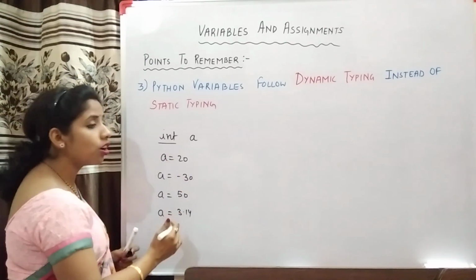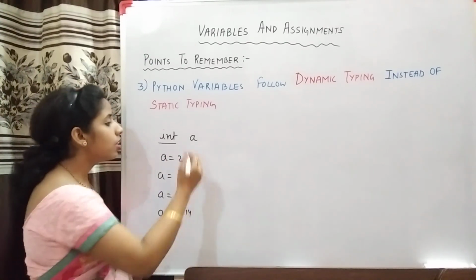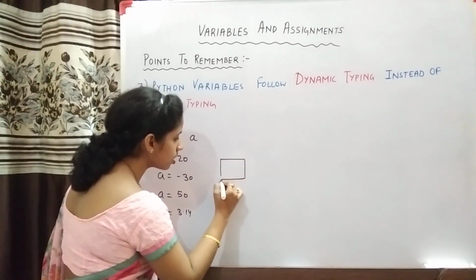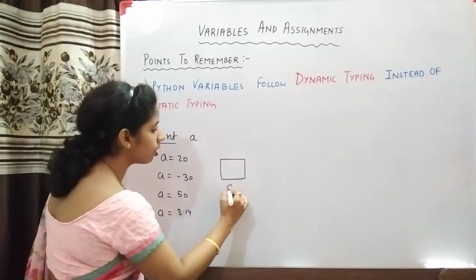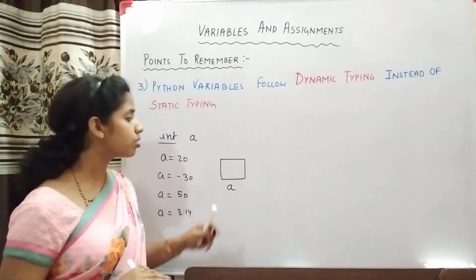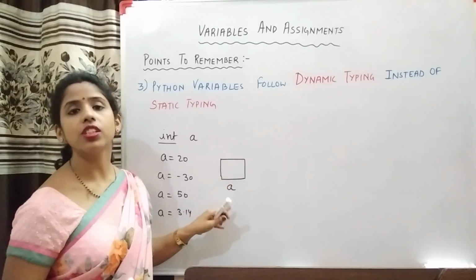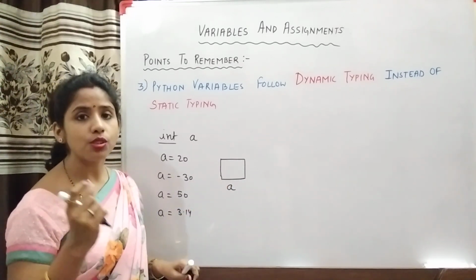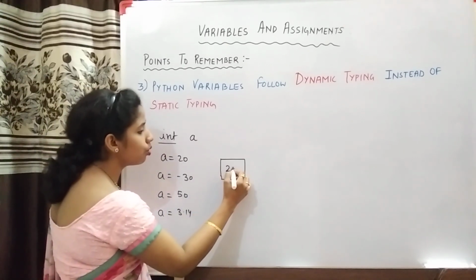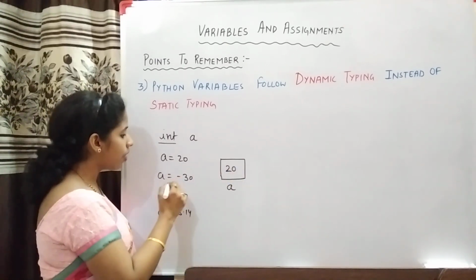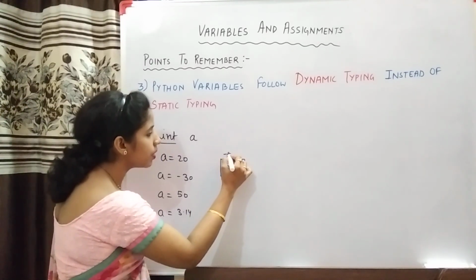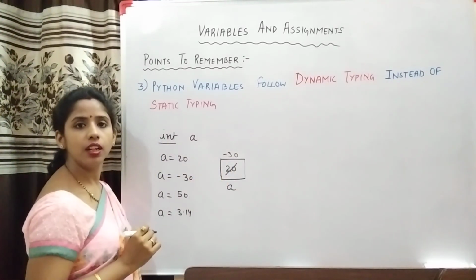And if I talk about their memory representation, what used to happen? This also you make sure. Suppose this is the memory location allotted to the variable A. जैसे कि मैंने बताया कि C, C++, Java languages में वेरिएबल उस जगह का नाम हुआ करता था, लाइक अ स्टोरेज कंटेनर. ठीक है, तो सबसे पहली वैल्यू मैंने A को 20 दी. Okay, so after this I have given the value -30. So this -30 will replace 20 like this.